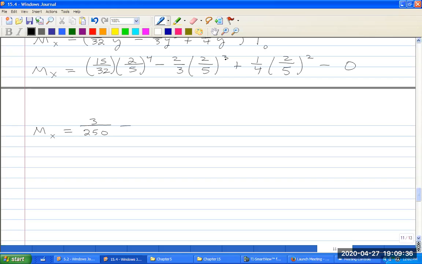Nothing's going to cancel there. So that'll be 2 times 8 is 16, 125 times 3 is 5. Oh, the 4's will cancel, so you get 1 over 25. And so the common denominator is 750.